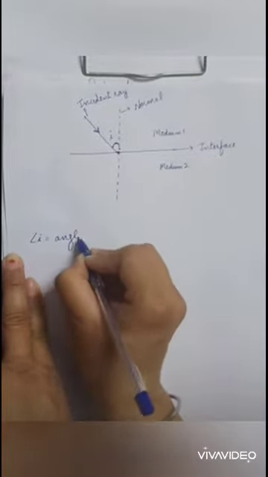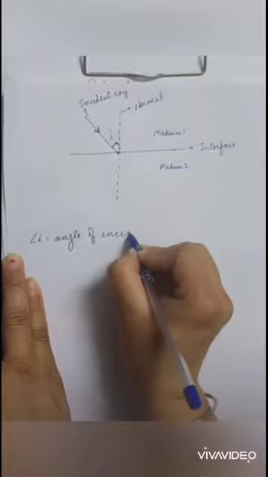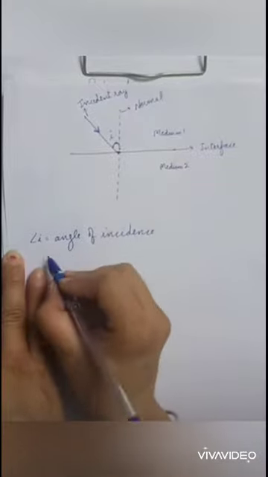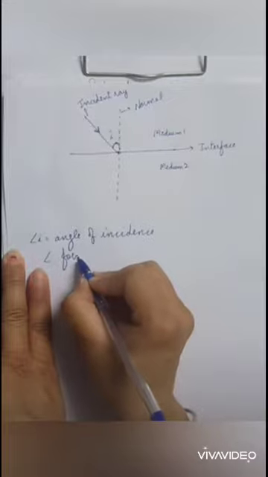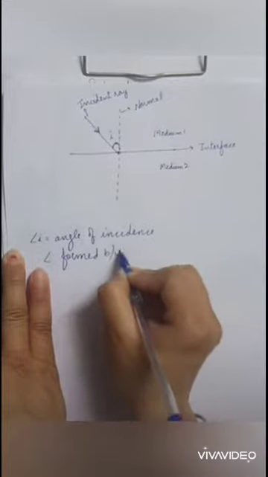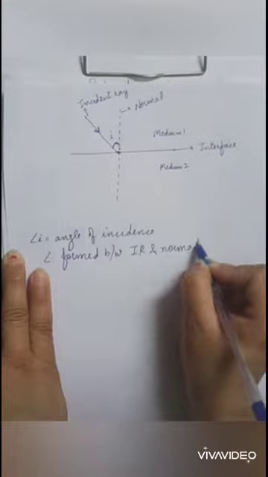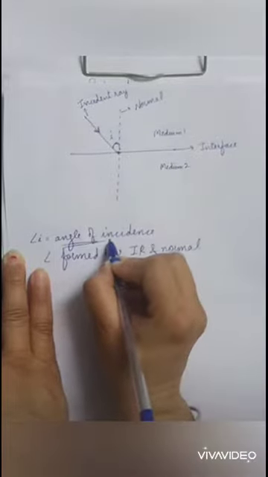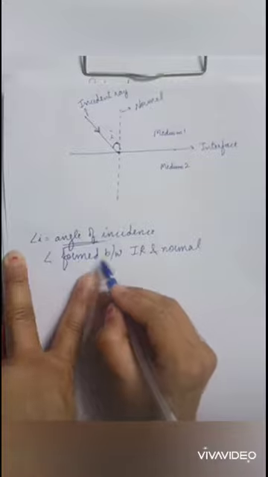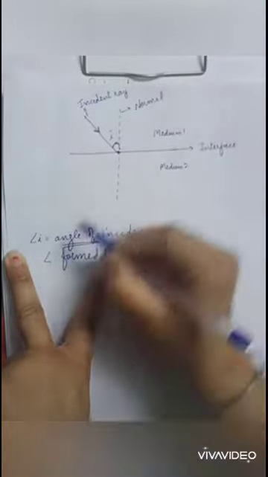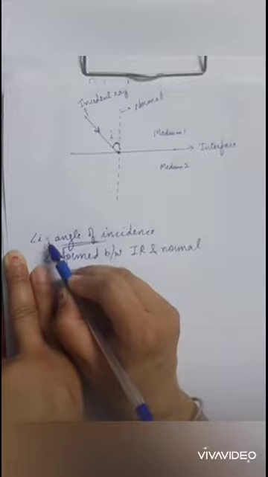How can you define the angle of incidence? The angle formed between the incident ray and the normal is known as the angle of incidence.